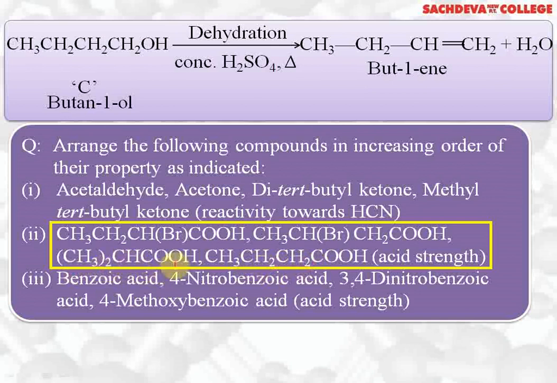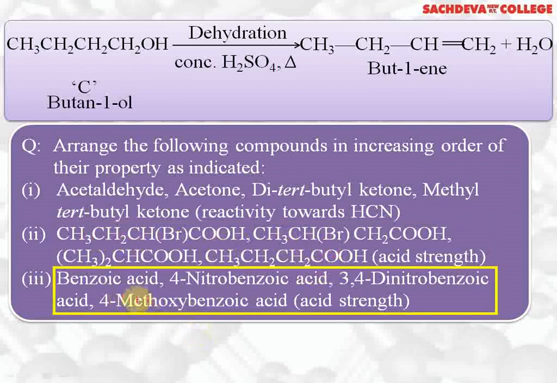So this is the least acidic, this is second least acidic, this is second most acidic, and this is the most acidic carboxylic acid. Out of benzoic acid, 4-nitrobenzoic acid, 3,4-dinitrobenzoic acid, and 4-methoxybenzoic acid, the most acidic is 3,4-dinitrobenzoic acid. Second most acidic is 4-nitrobenzoic acid.